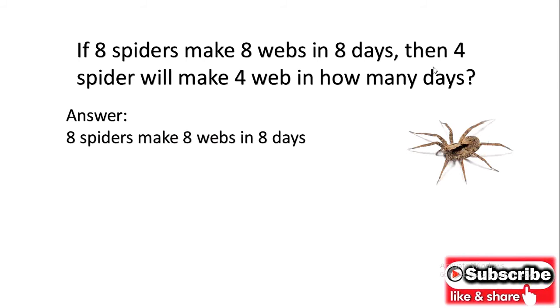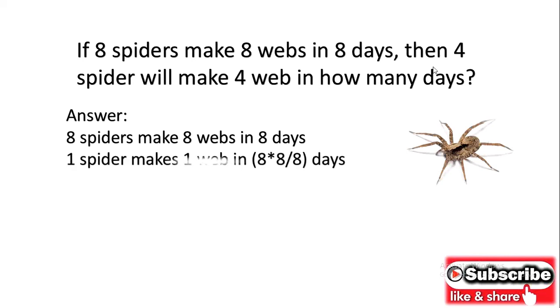8 spiders make 8 webs in 8 days. So 1 spider makes 1 web in how many days? So we can break this down part by part. We could have gone like: 1 spider makes 8 webs in how many days, then 1 spider makes 1 web. But we'll not do this longer.